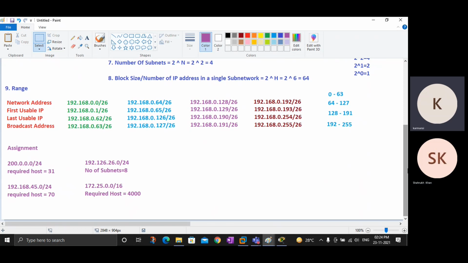I'll also tell you the shorter way to do things, but not for today. Try to do it the long way today, because you will be able to understand how subnetting is actually done. And once you get the concept, then we have multiple ways to calculate the subnet quickly.